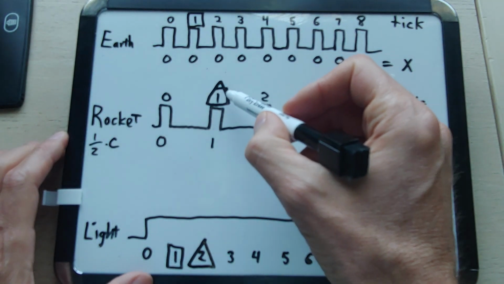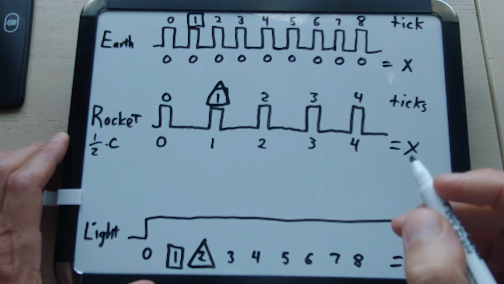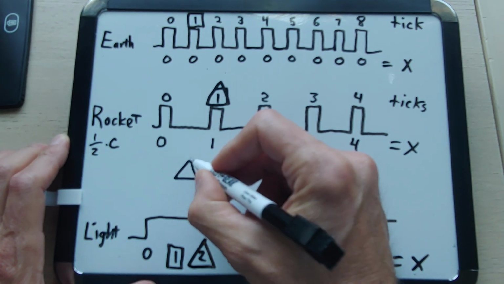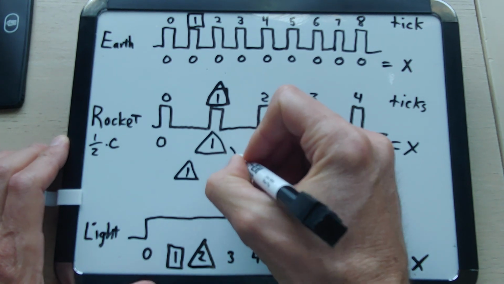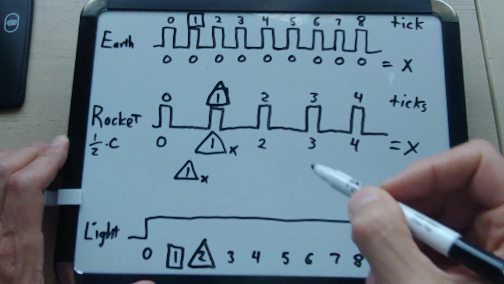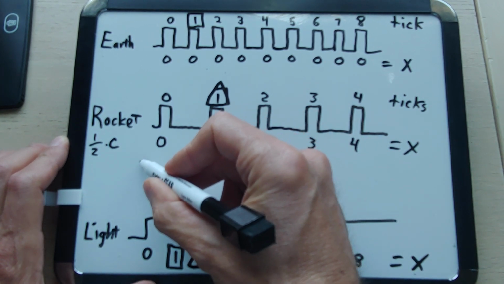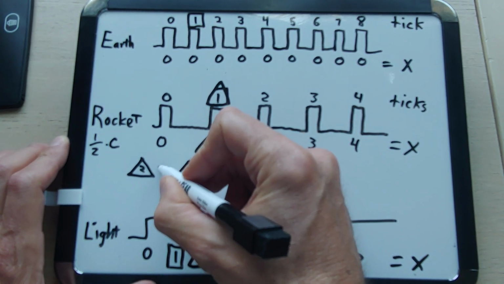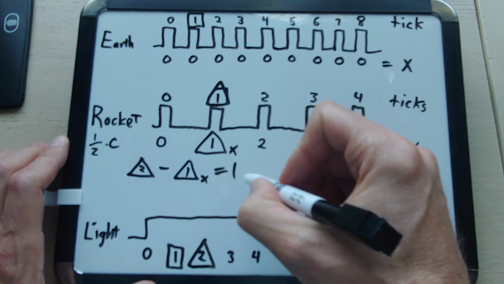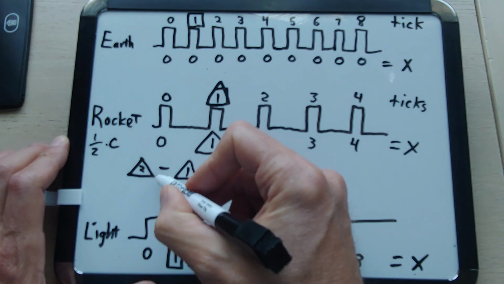Because when he opens his eyes at tick 1, call this X, his position is here at 1, but where's the light position? The light position is at 2. So 2 minus 1 equals 1. There's a delta of 1 unit of X. Let's call this light.